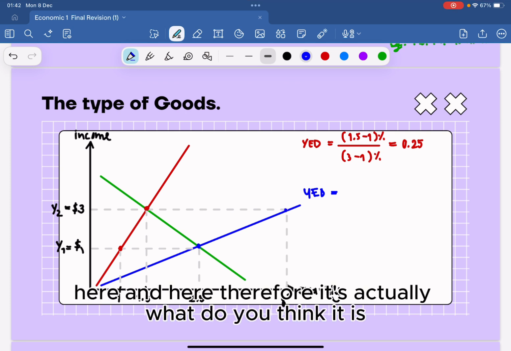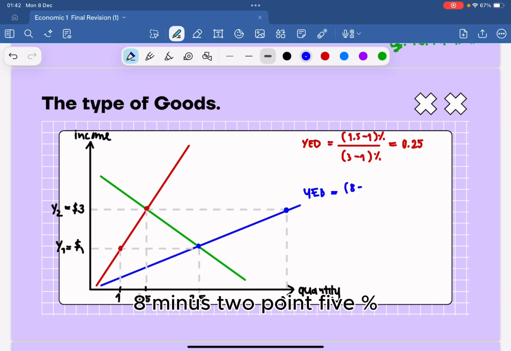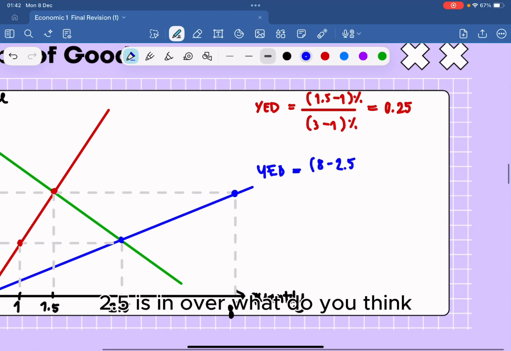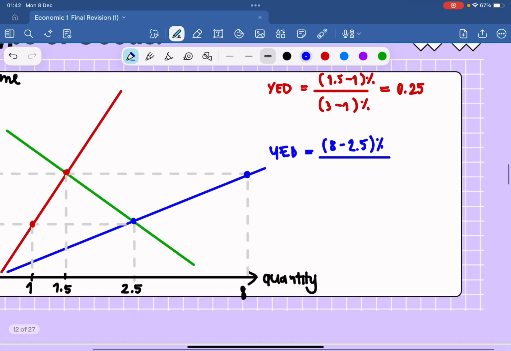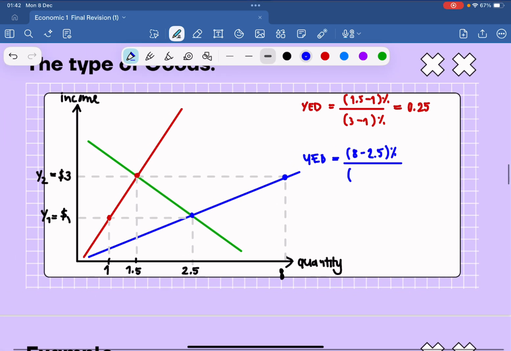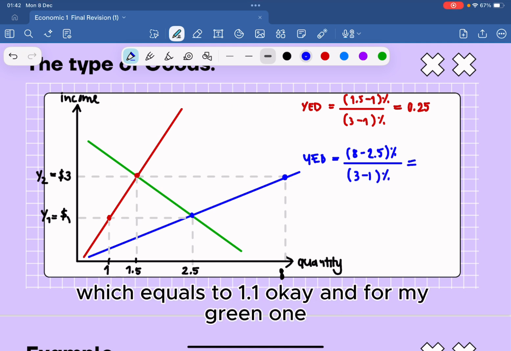Here and here. Therefore, it's actually, what do you think it is? 8 minus 2.5, 2.5% over, what do you think? 3 take away 1, which equals 1.1.